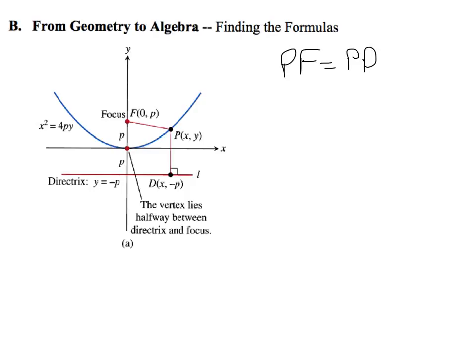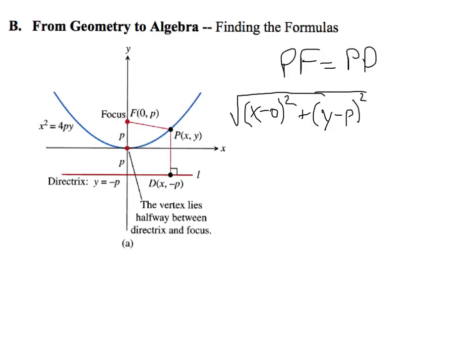So to talk about the distance from P to F, our distance formula would be the square root of x minus 0, being squared, so that's my x value here and my x value there. And then I would add to that the y values being subtracted, so that would be y minus p being squared.